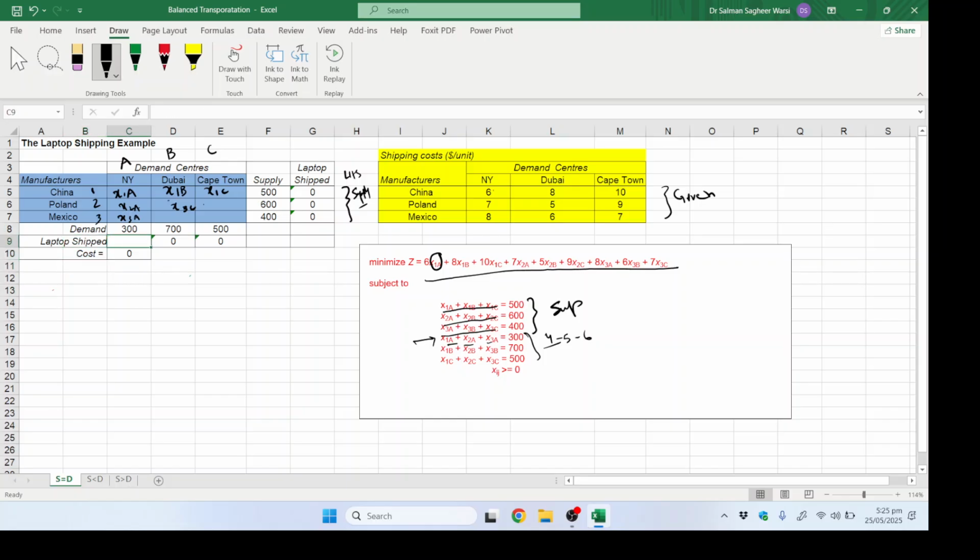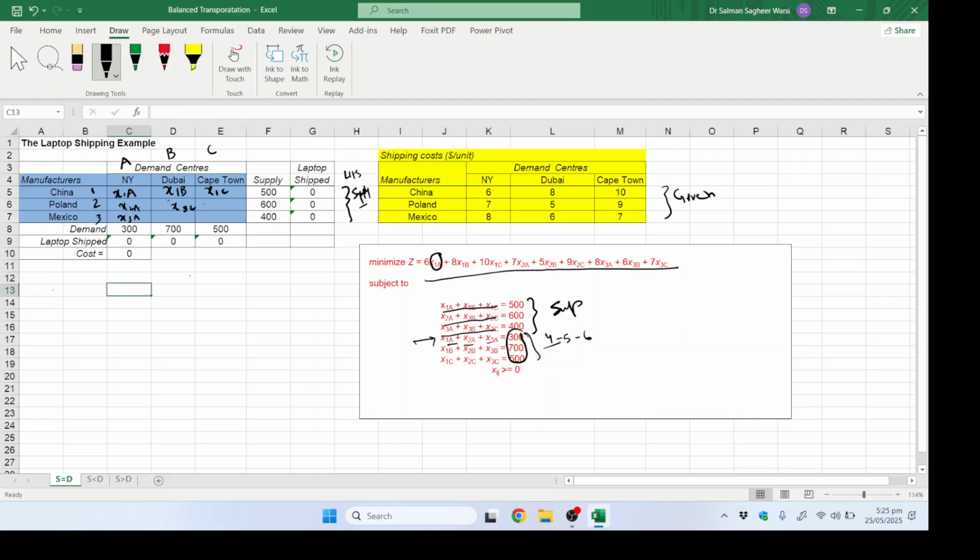So in this cell, we are going to write the left hand side of the demand constraint, and this will be simply the sum of the column entries. Now this is x1a plus x2a plus x3a. Now we copy it and paste it in the next two cells. Now we have put the formula of all three demand constraints. And remember, these are just the left hand sides. The right hand sides are mentioned in these three cells, which are 300, 700 and 500, as you can see from here.